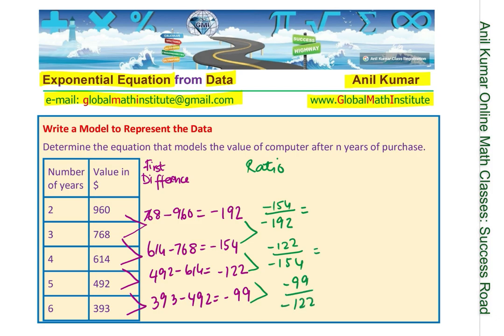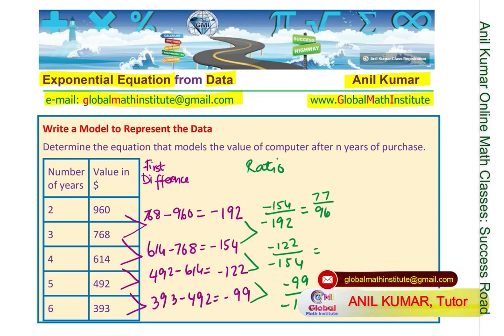So let's calculate these ratios now. Minus minus will cancel, so we have 154 divided by 192, and that gives you 77 over 96. Let's check the decimal equivalent of this value, which is equal to 0.80.